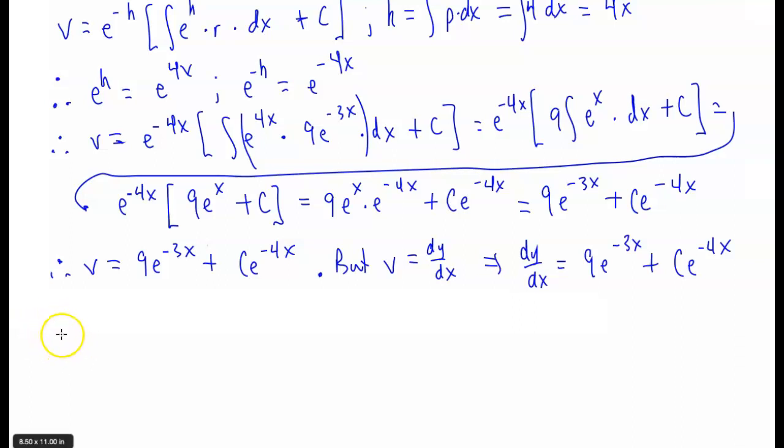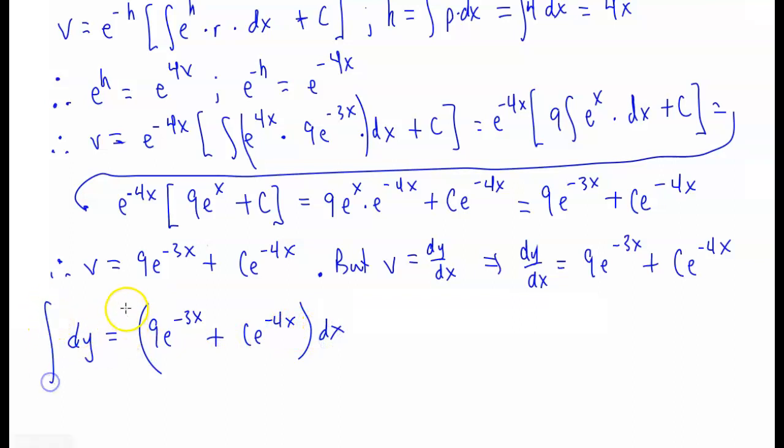So if we multiply both sides by dx, this will just be dy is equal to 9 times e raised to the minus 3x plus c e raised to the minus 4x, all that times dx here. And then from there, we just integrate both sides. On the left side, we'll just write y.